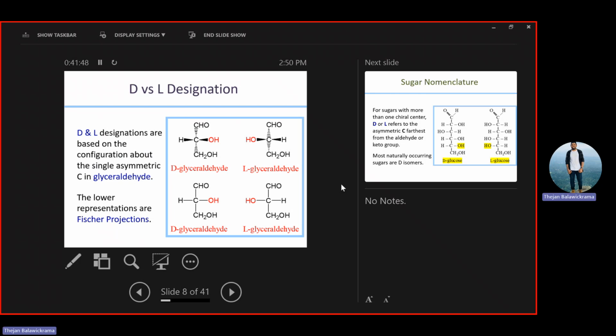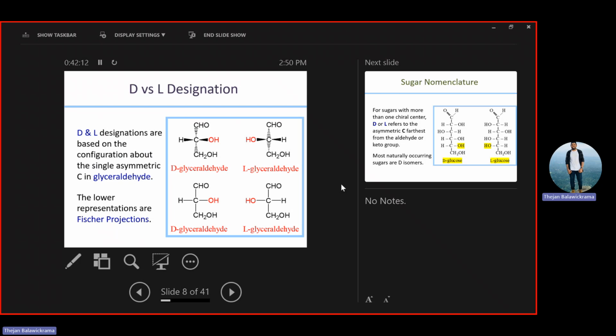Right. So that is how this L and D notation comes. This is glyceraldehyde. So D glyceraldehyde, L glyceraldehyde. The difference between these two, you see, CHO and CH2OH are in the same place.